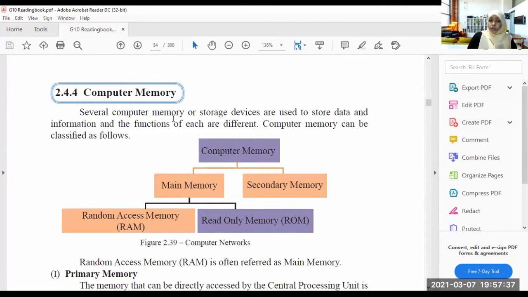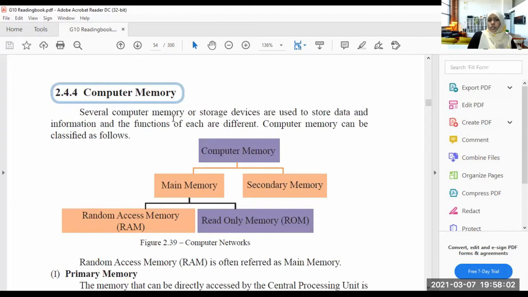Several computer memory or storage devices are used to store data and information, and the functions of each are different. Computer memory can be classified as follows. As I told you, it is divided into 2: main memory and secondary or auxiliary memory. Main memory has 3 types: random access memory, read-only memory, and cache memory, right?